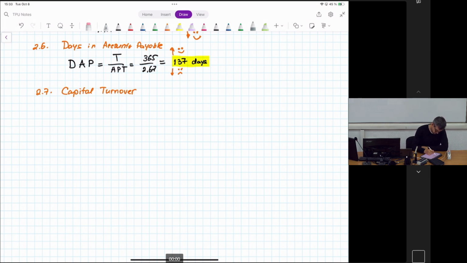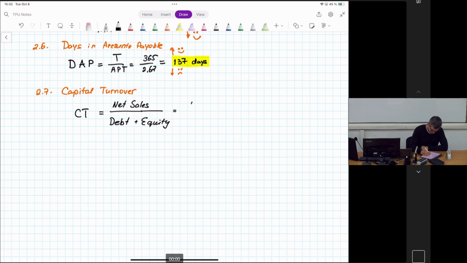So in this case, CT, capital turnover, equals our net sales divided by our debt plus our equity.